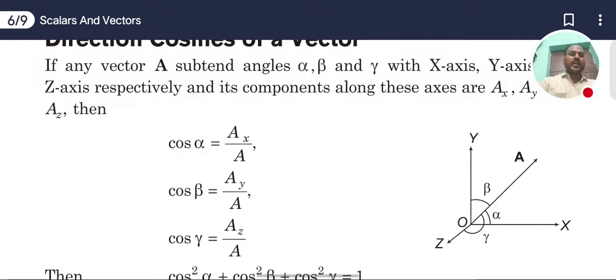So here we can write cos alpha equals a base x upon the vector a. Cos beta, what will we write?